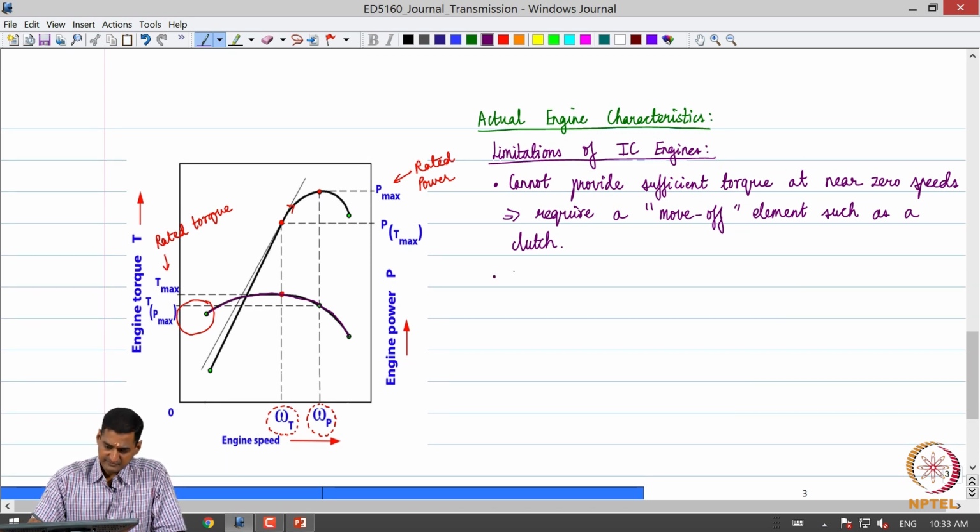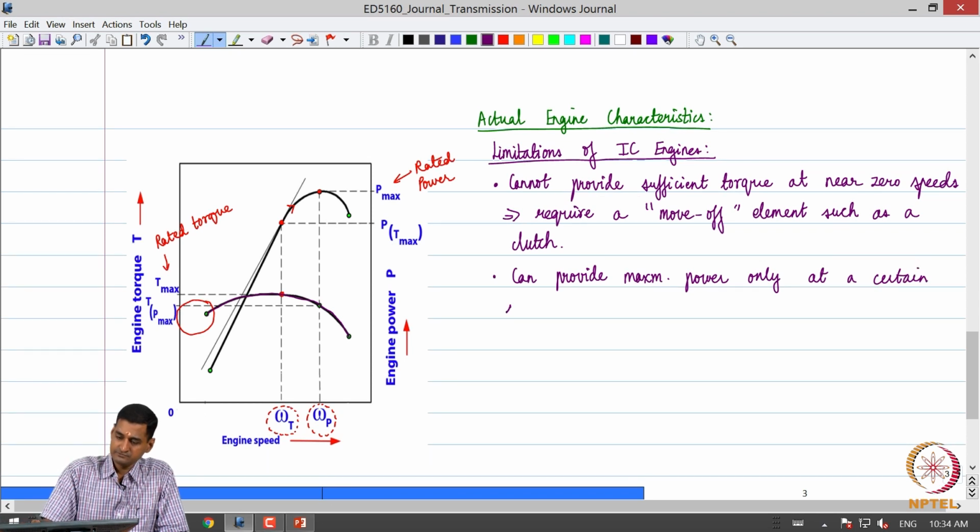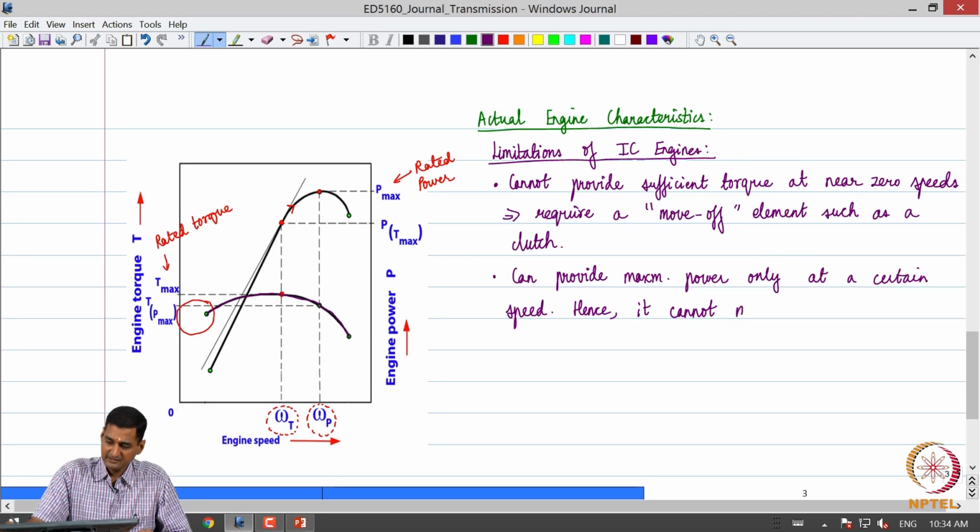Then we can observe that the engine can provide maximum power only at a certain speed. Hence, the IC engine per se cannot meet the ideal traction hyperbola.